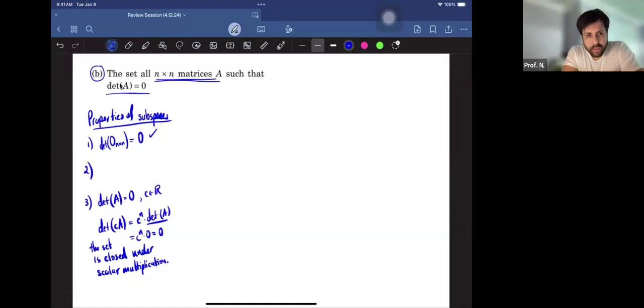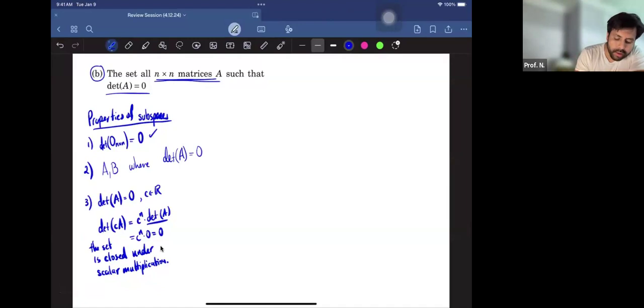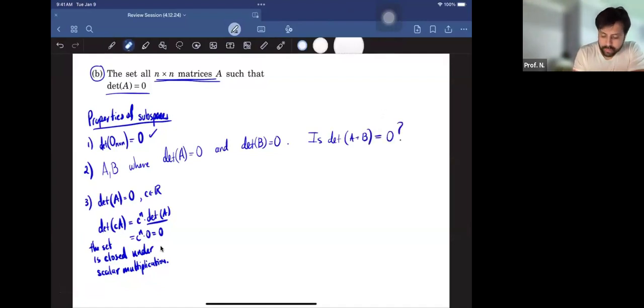This set of matrices with determinant equal to 0 is closed under scalar multiplication. Now, what happens if I have two matrices in this space, where determinant of A equals 0 and determinant of B also equals 0? Is the determinant of A plus B also equal to 0? That's the question.